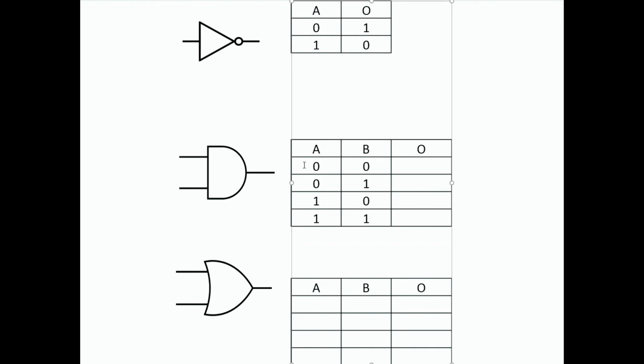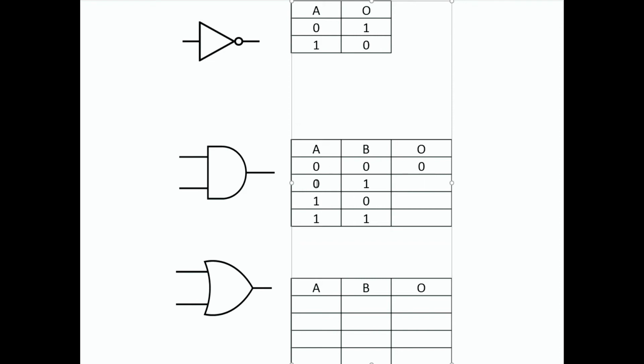Or if we did it in denary, 0, 1, 2, 3. So let's look at our outputs. So as I said before, the output for an AND gate is 1 if A and B are 1. So we'll look at this line. If A and B are 1, we'll get a 1 out. But they're not, so we get a 0.